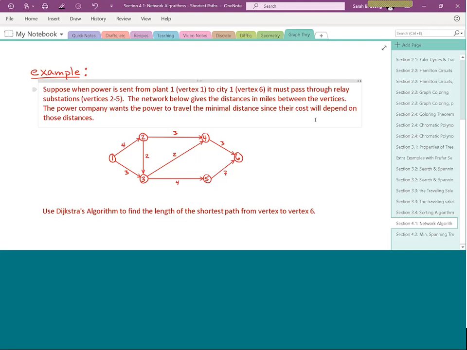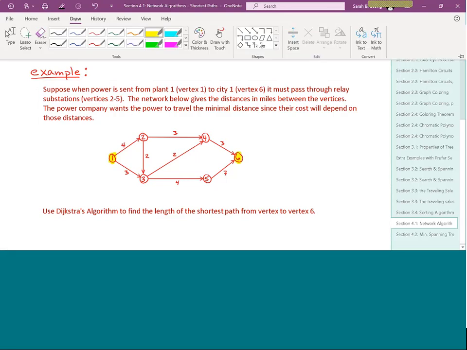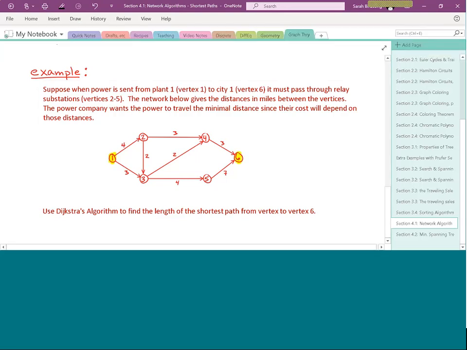So what we're going to try to do is find the length of the shortest path from vertex 1, which it looks like I missed in typing, to vertex 6. Okay? So let me put in, this is where we want to start, and that is where we want to end. It is extraordinarily important to know where you're going to start and where you're going to end.